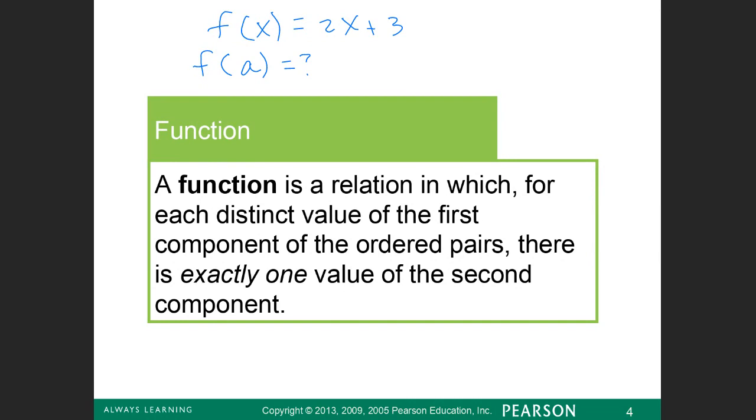So instead of a number, you're using a letter to represent the value for x. Same thing as when you're working with numbers, you just plug in the value for a into x, so 2 times a plus 3. a doesn't have any value, so f of a would mean 2a plus 3.